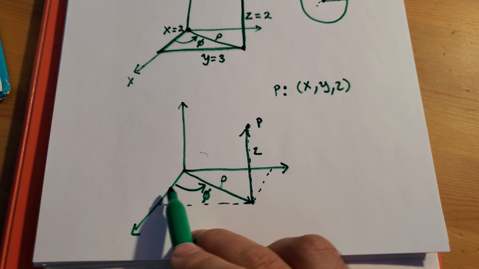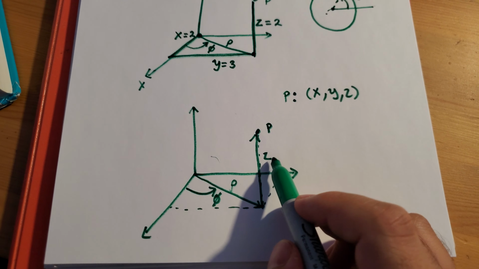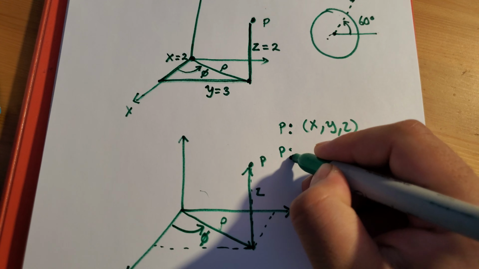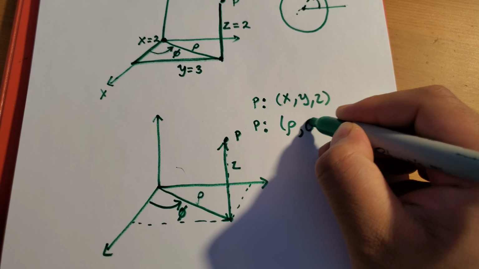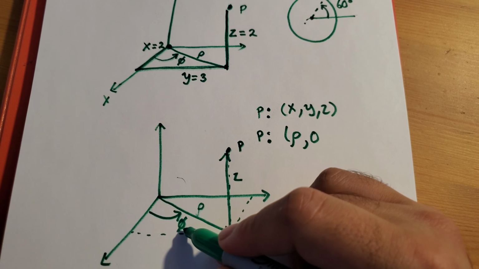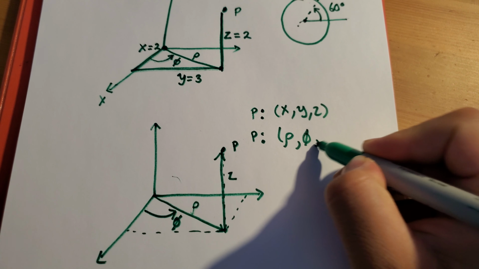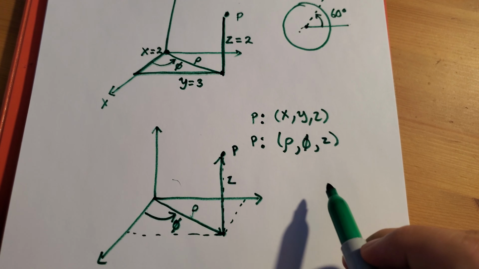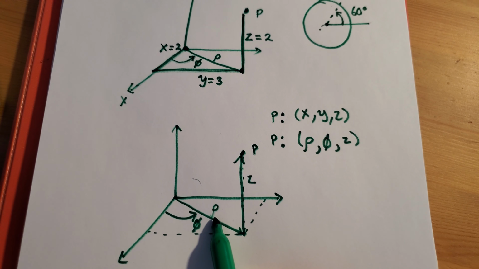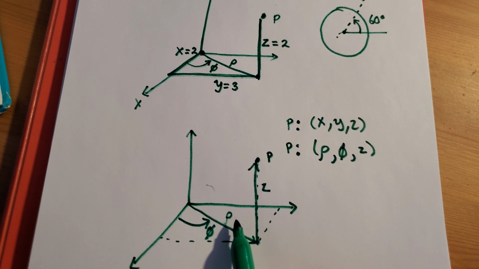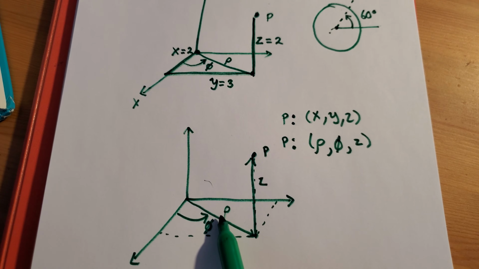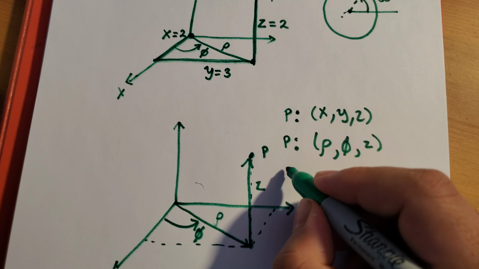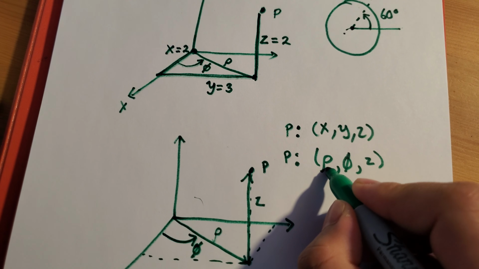Now, in terms of rho, theta, z, the way you write it, again, is you write the rho first. You write, sorry, not the theta, the phi. You write the phi second, and you write the z last. So let's say that this distance was some random number, 5, right? So what we have here is rho is 5.